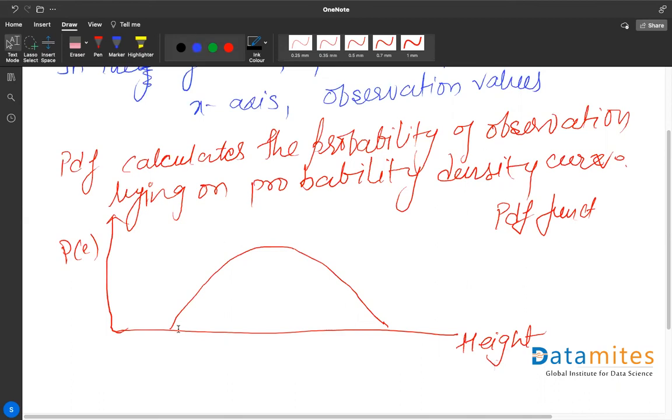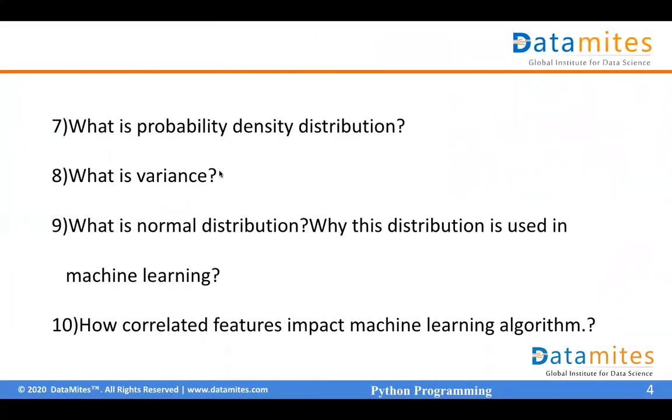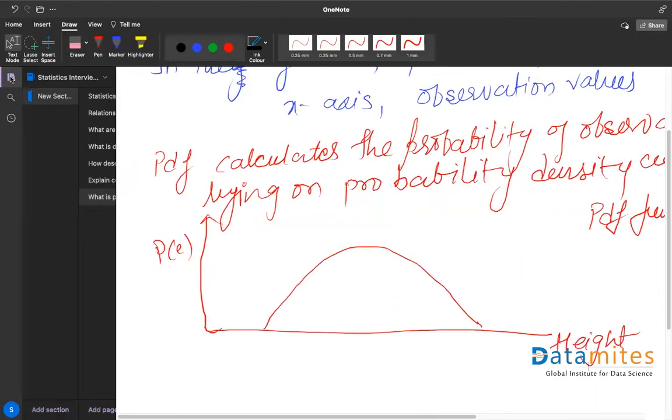Okay, now let's move ahead and see what is variance. Now this you can tell easily.